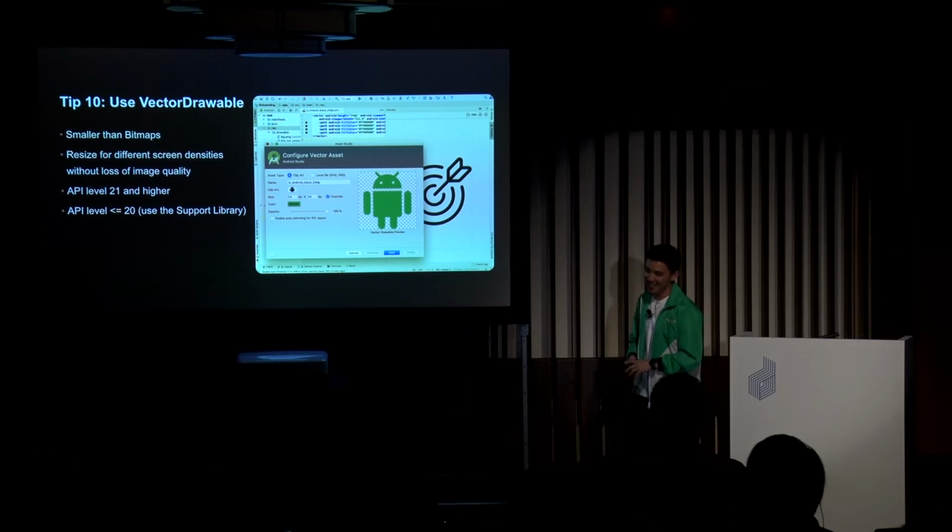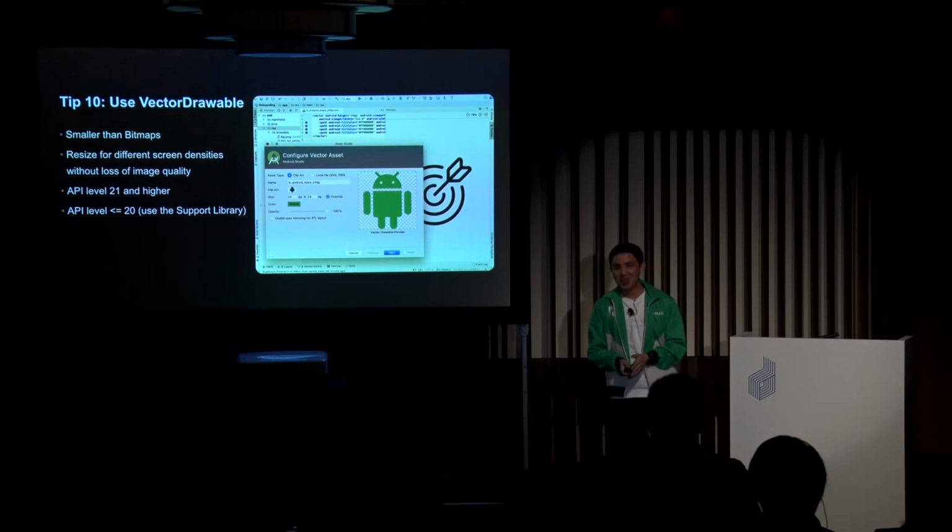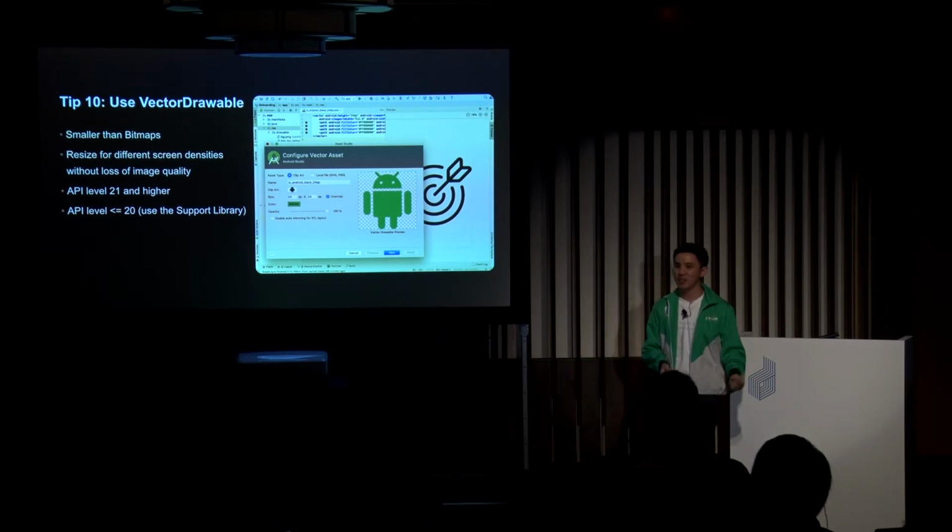And tip 10 is to use vector drawable. Vector is smaller than bitmap. I think that most of you know about this. So if you are an Android developer and you would like to support the fragmentation of devices around the world, you have to create many screen density resources like low, medium, high, extra.